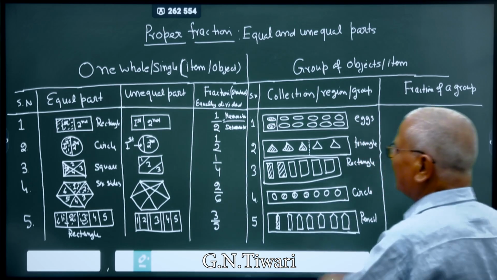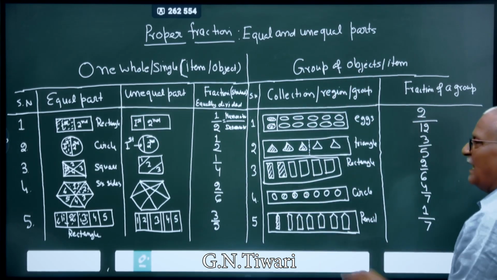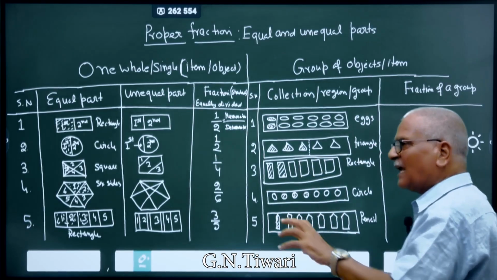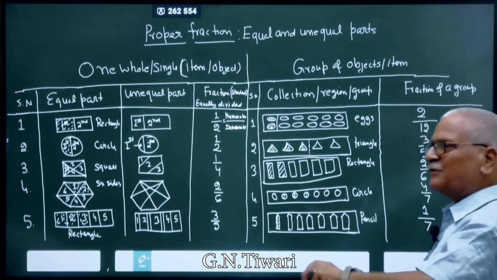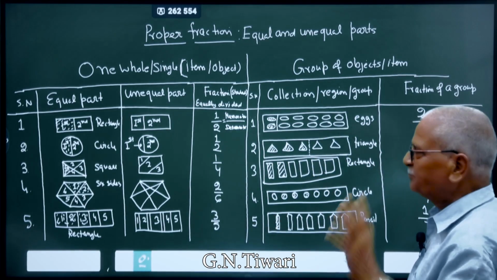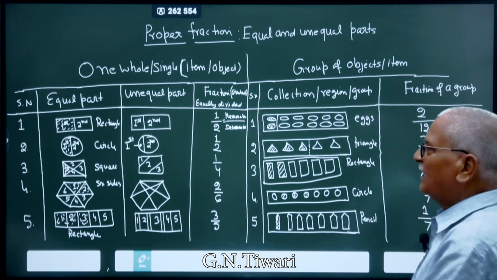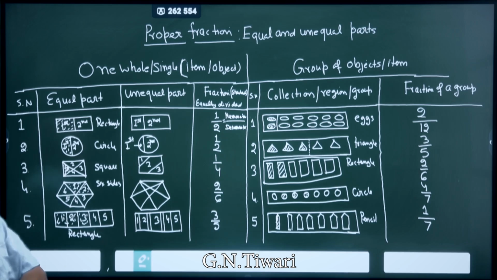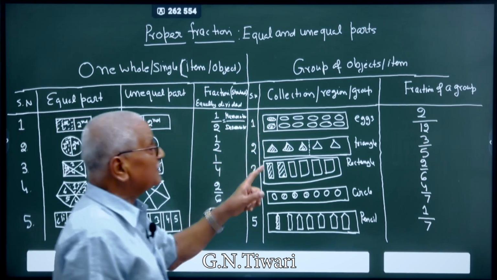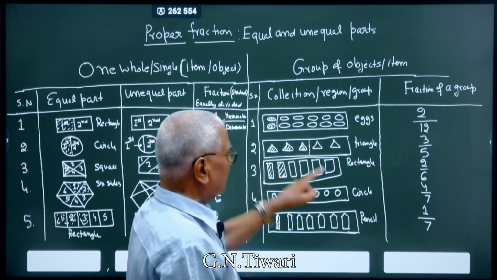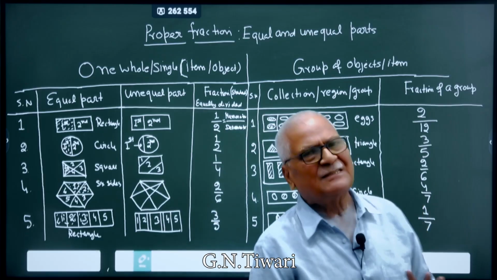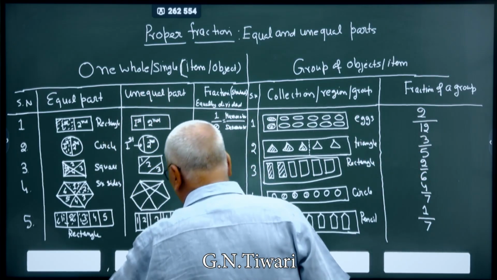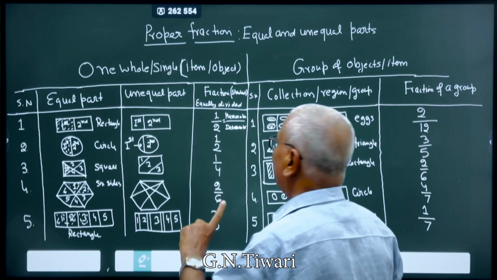The meaning of the whole thing is that in the numerator, the shaded part will be there, or the number of objects given to a particular child. And in the denominator, for a single object, it is the number of parts it is divided into. For a group, the denominator is the total number of objects in the group. That is the basic difference. But for unequal parts, no fraction can be defined.